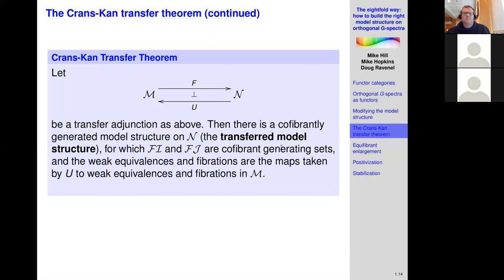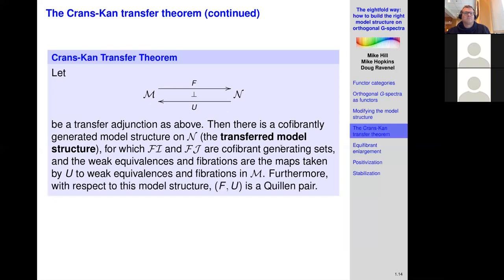And weak equivalences and fibrations in N are taken to be maps that are sent by U to weak equivalences and fibrations in M. So if these technical conditions are met, you can transfer the model structure on M for Mary to the one on N for Nancy.